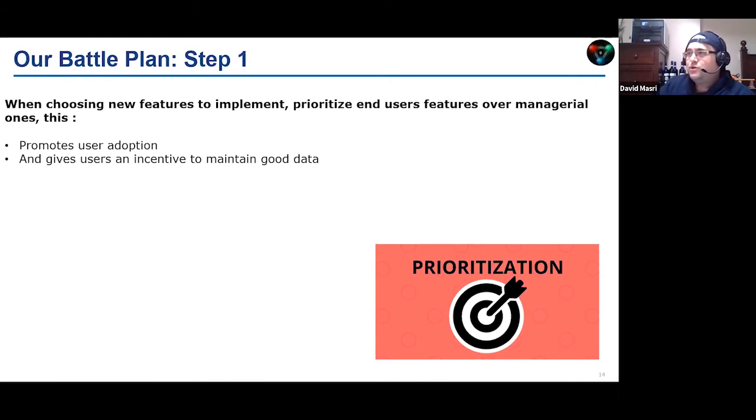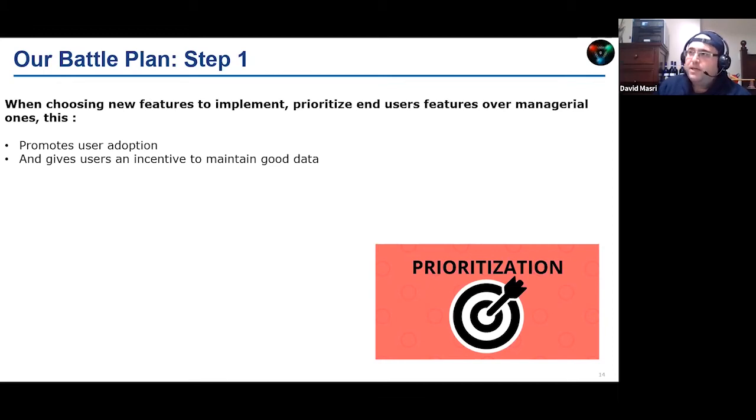And what I'm recommending is you choose features. When choosing new features to implement, you heavily have a bias towards and prioritize user features. So these are features that are going to make it easier for the user to do their job, and not necessarily things that the manager would need, or even the executive.